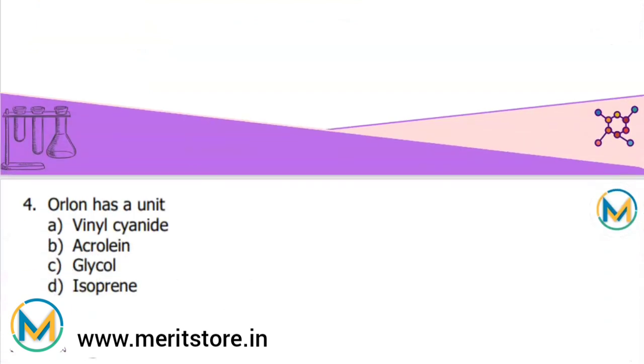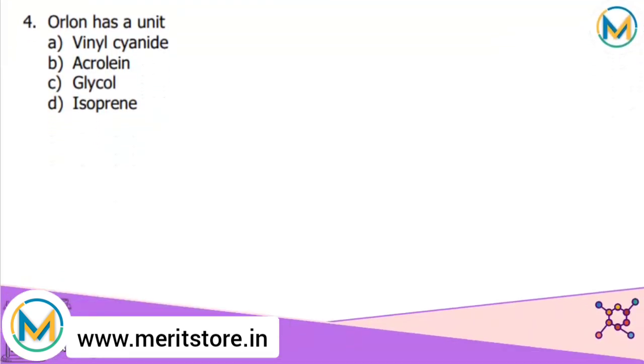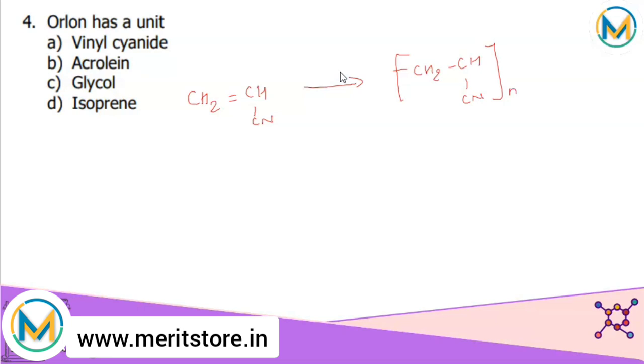Looking towards the next question: Orlon has a unit... So Orlon is prepared by polymerization of vinyl cyanide, that is CH2=CHCN, which polymerizes to give (CH2CHCN)n, and there are n number of monomers required.